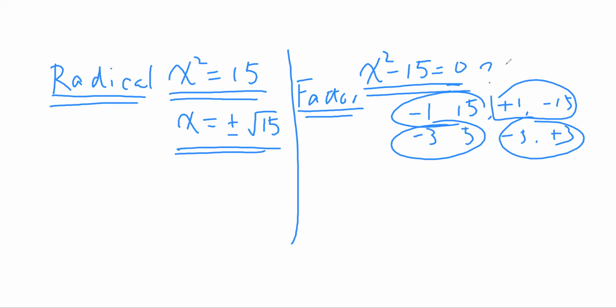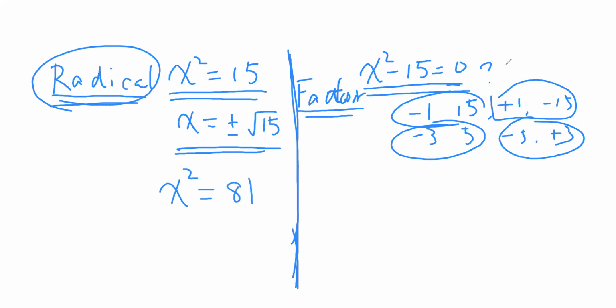So factoring can be used for some cases. Radicals work for every case, an even more powerful method, right? Let me see. x squared equals 81, so x equals positive or negative 9.